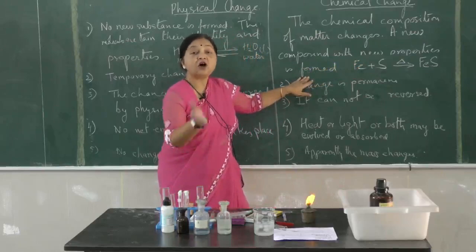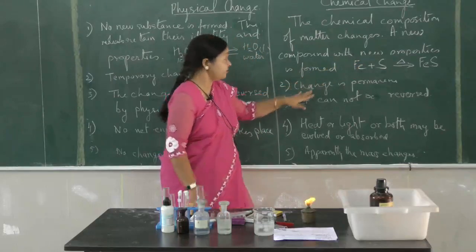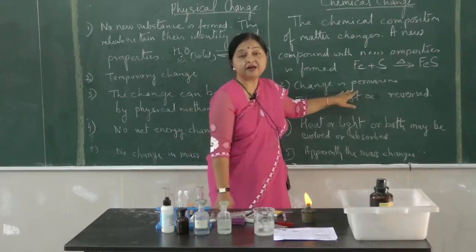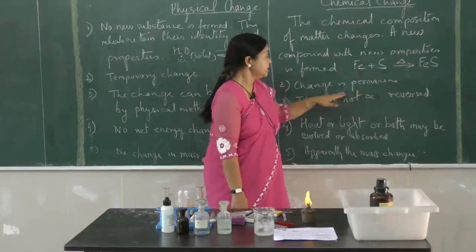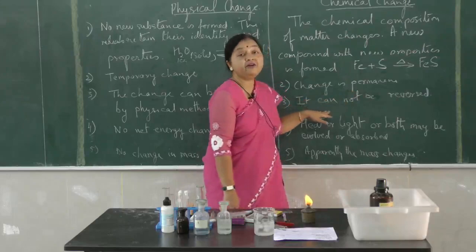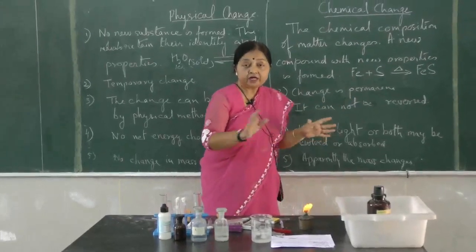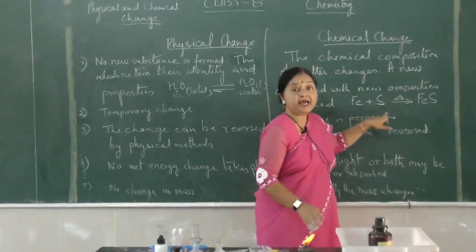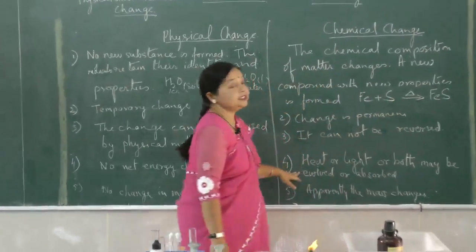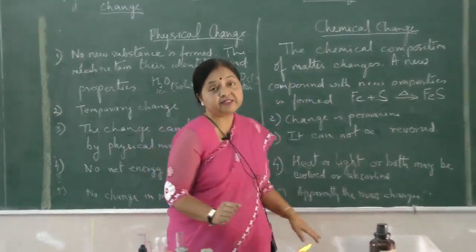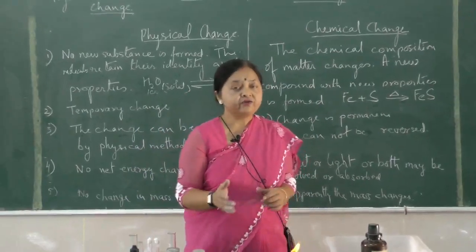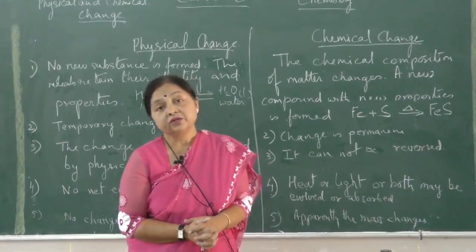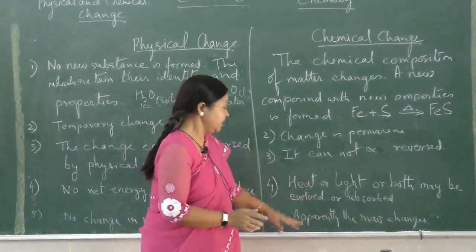It has lost the old properties of iron and sulfur. The change is permanent. You cannot get back the iron and sulfur from this compound. It cannot be reversed, you cannot reverse FeS into Fe and S. Heat is involved, it's an endothermic reaction, although later on it becomes exothermic, but initially you need to heat the mixture to get the compound.